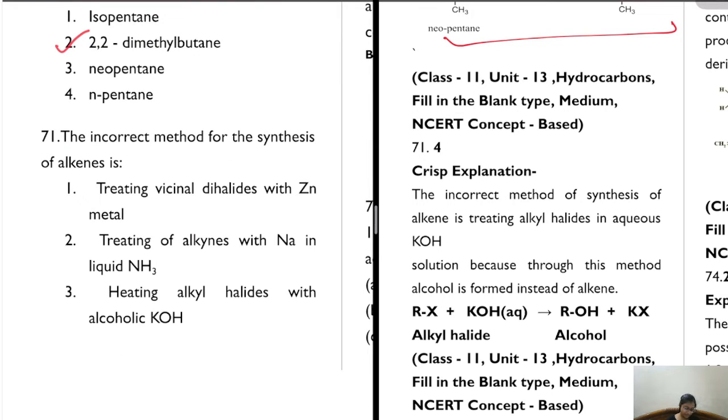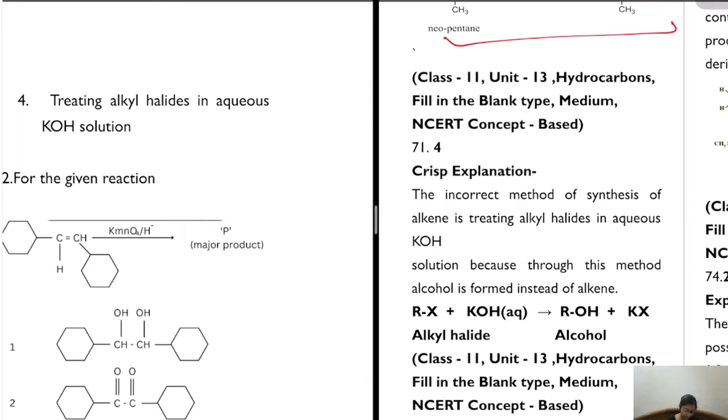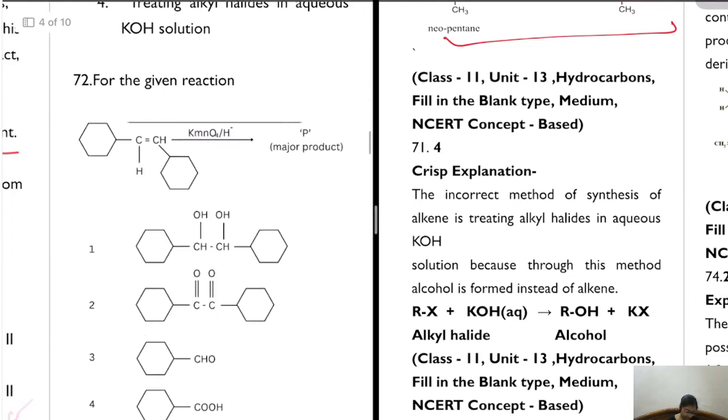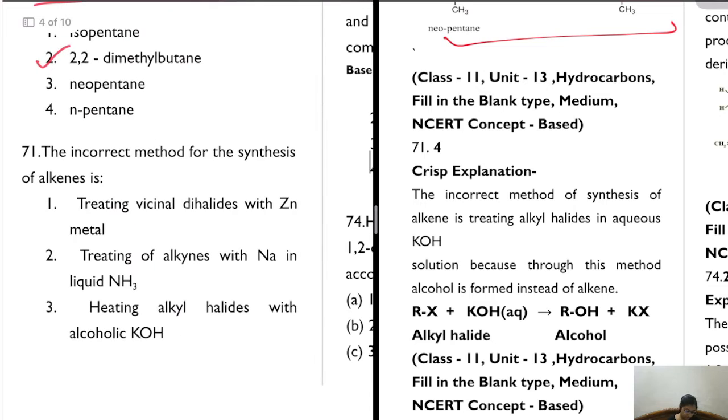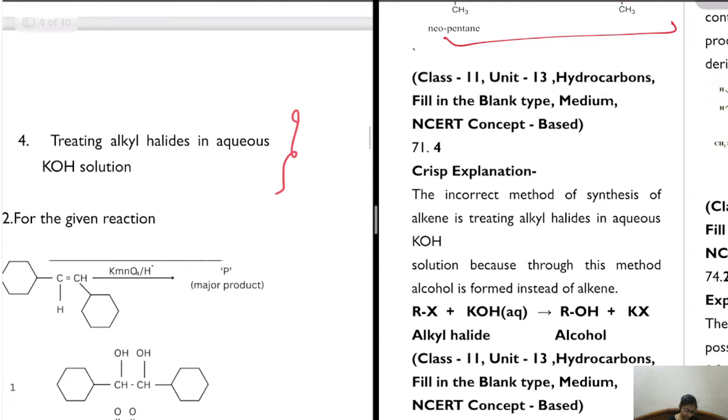The incorrect method for the synthesis of alkenes is: treating vinyl dihalides with Zn metal, treating alkynes with Na in liquid ammonia, heating alkyl halides with alcoholic KOH, and the fourth option is treating alkyl halides in aqueous KOH solution. See, we all know these all are synthesis methods for alkenes, but not this. Why?